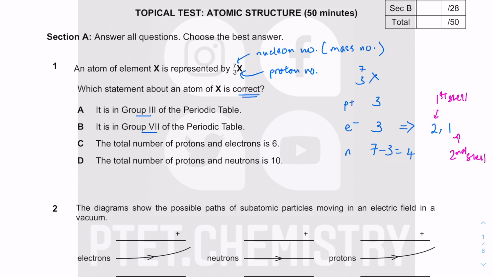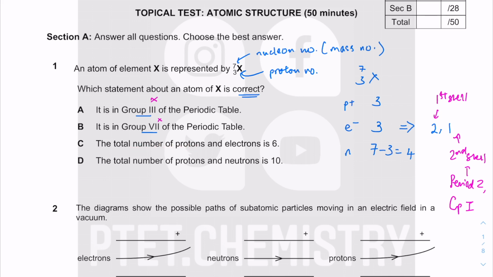The number of shells tells you the period, so it's in period 2 and in group 1. So group 3 and group 7 are incorrect because it has 1 outer shell electron in the second shell.